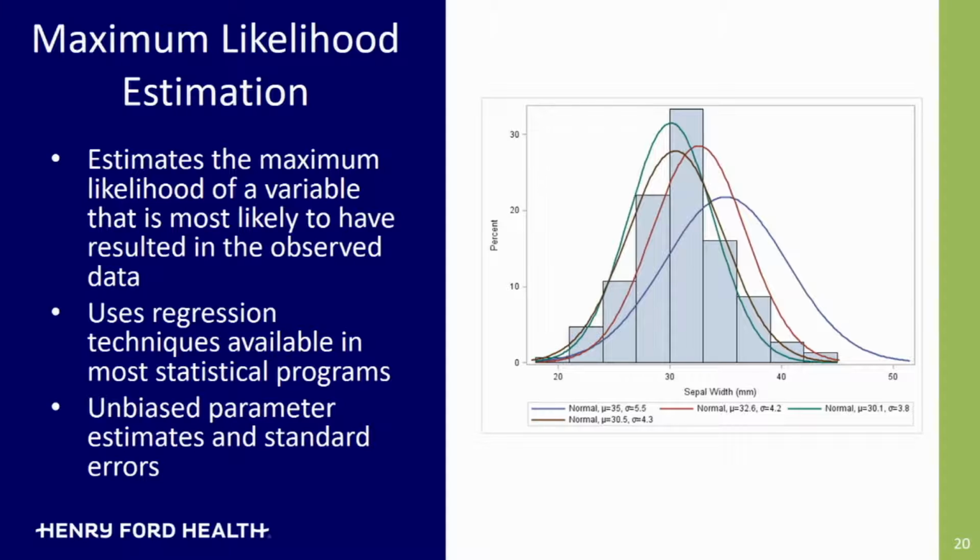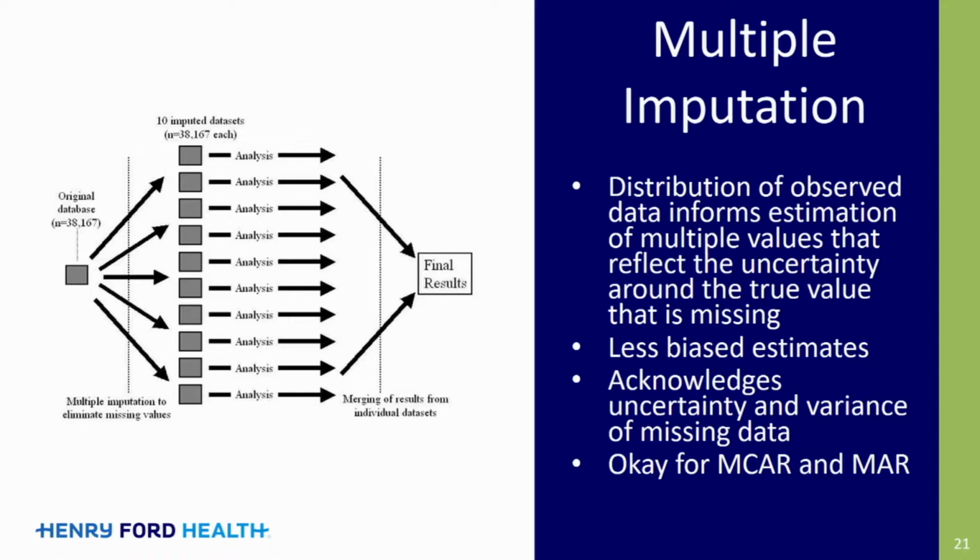So you end up getting unbiased parameter estimates, and you also create errors around what those parameter estimates are. Most current statistical programs will have procedures within them to do this kind of estimation, and it's something that you can certainly ask your statistician to do for you to impute, or fill in, missing data.